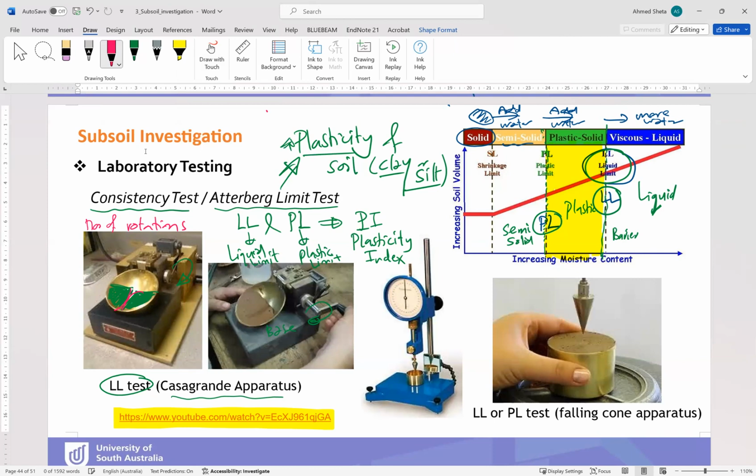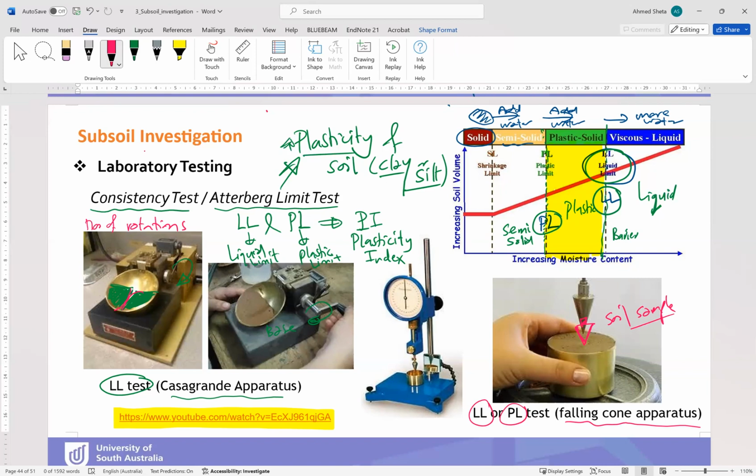Another method of testing for liquid limit is using the falling cone apparatus. We have a falling cone like that, and we have a sample. We are trying to make the cone penetrate the soil sample and measure how many rotations or blows are needed to penetrate the soil.